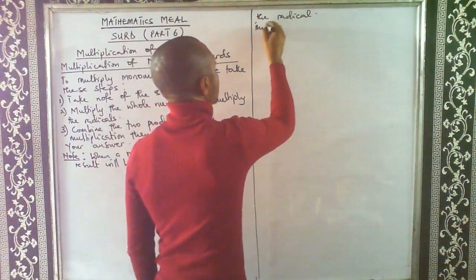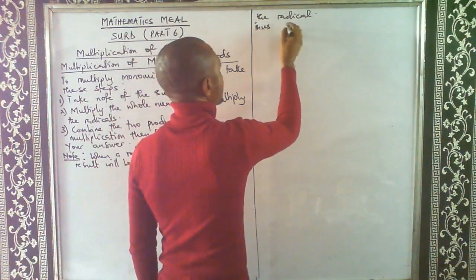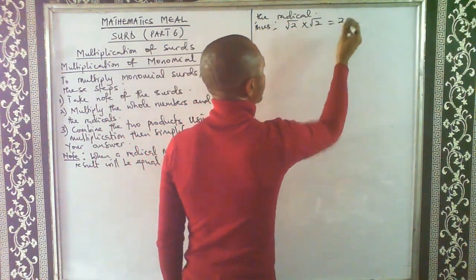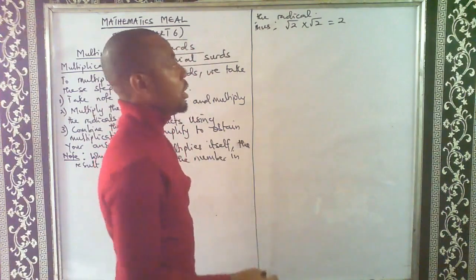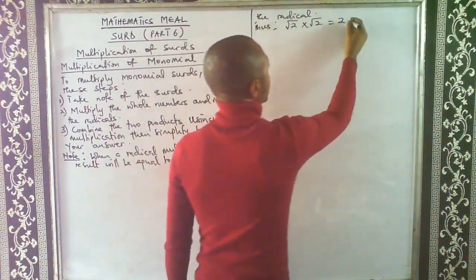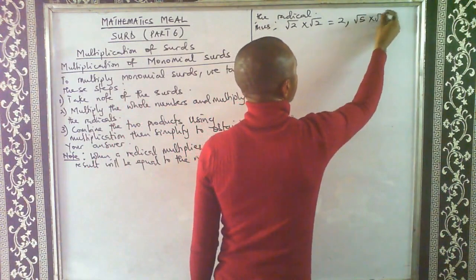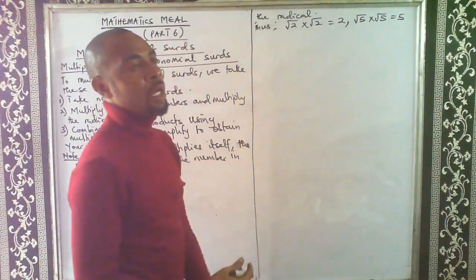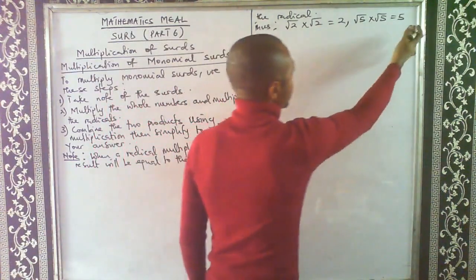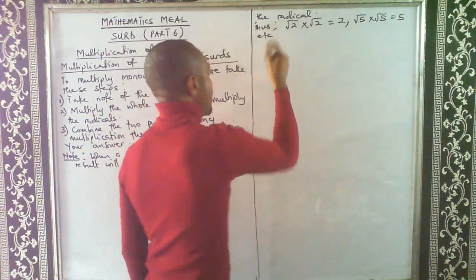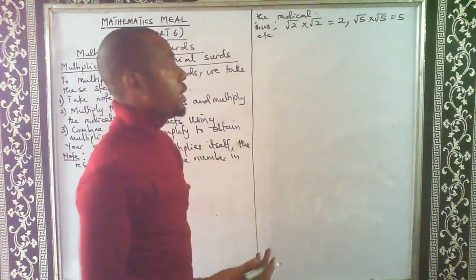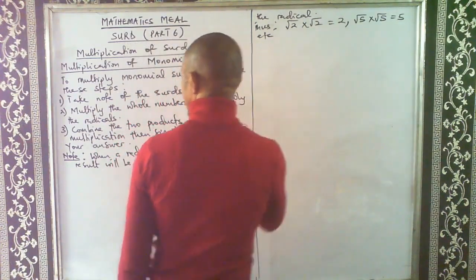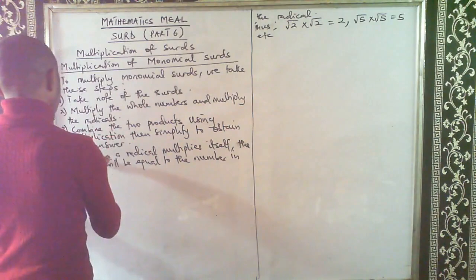Thus, if we have square root of 2 times square root of 2, that will just give me what? 2. And square root of 5 times square root of 5 is just 5. So when a radical multiplies itself, we are going to have the number in that radical. Okay, that's the first note.